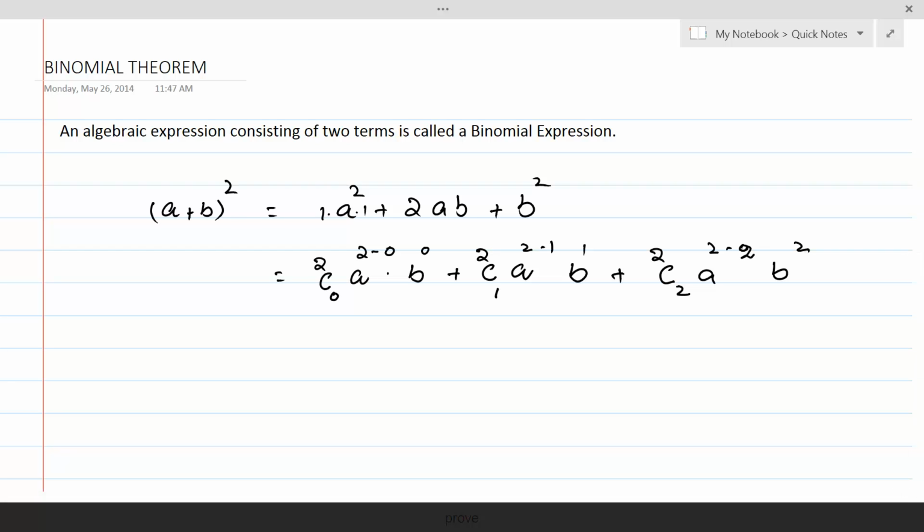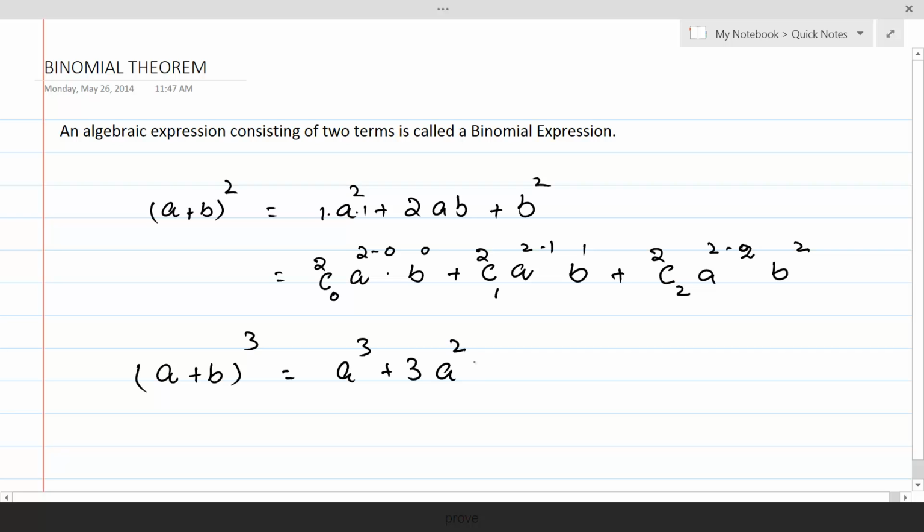It doesn't change anything. But if we take a look at another expansion, (a plus b) power 3, actual multiplication will give us a cube plus 3a square b plus 3ab square plus b cube.